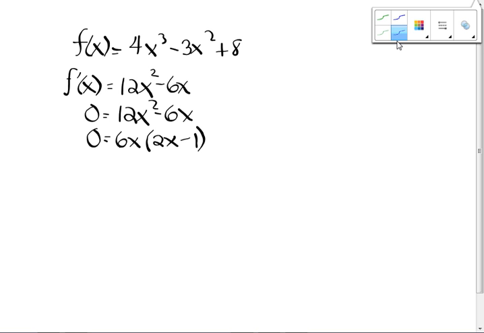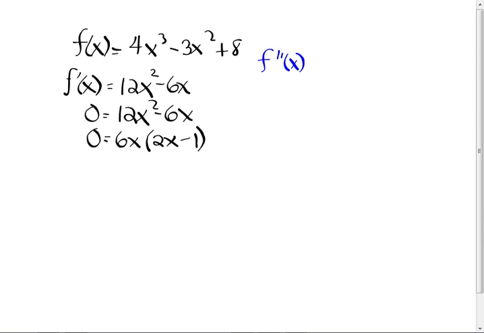Let's first do the second derivative test. Okay, ready? Lexi, what's f double prime of 0? Okay, what does that tell you then, Jack? The second derivative, just put in 0.